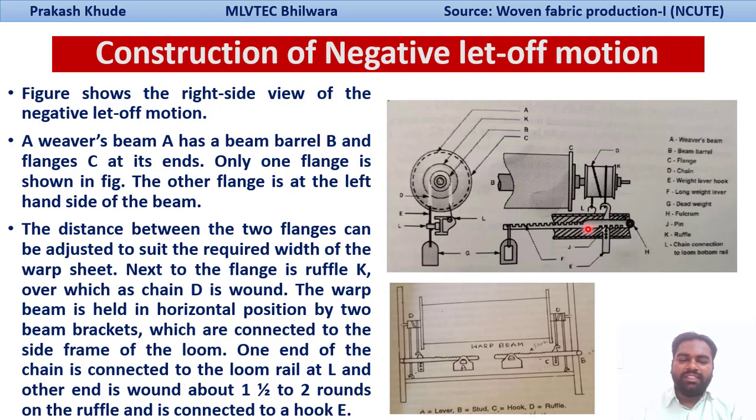So in this case one end of the chain is fixed to the loom frame, and the other end, which is wound about 1.5 to 2 rounds on the ruffle, is connected with the hook.